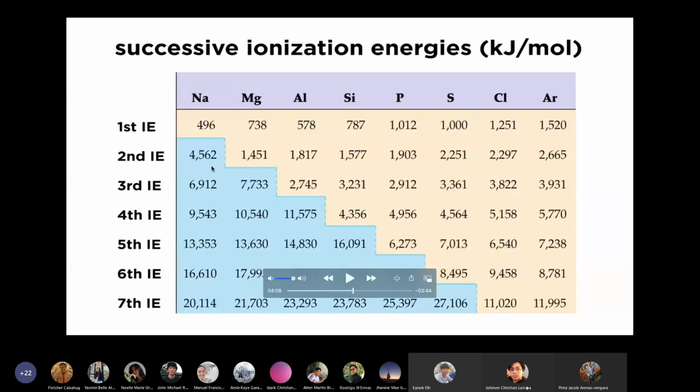That's for sodium. For magnesium, the second ionization energy is 1,451 kilojoules per mole. It suddenly became 7,733. So if you've noticed, there are very big jumps in ionization energy. And why do you think that happens?